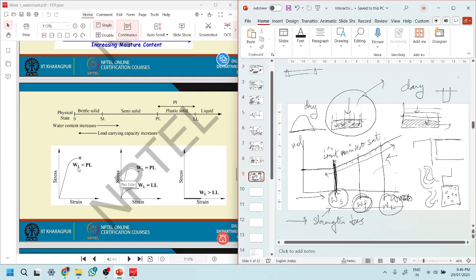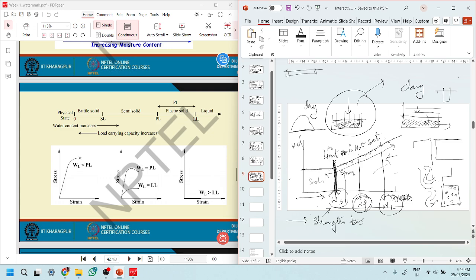Your water content is less than the plastic limit, so you are in this area. Okay, so you're increasing the water content and you reach this area. This is called semi solid.